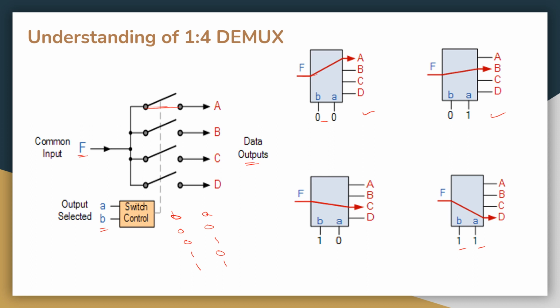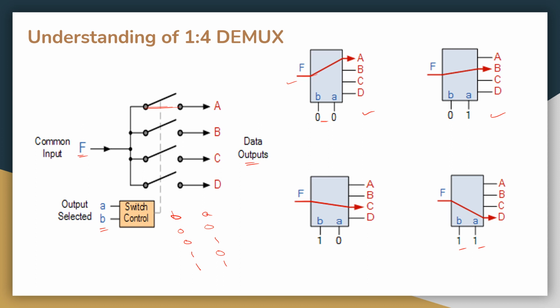So like that, we can understand the concept of 1:4 demultiplexer. Anyway, the number of inputs is only one. It can be processed to one of the output lines based on selection line values.